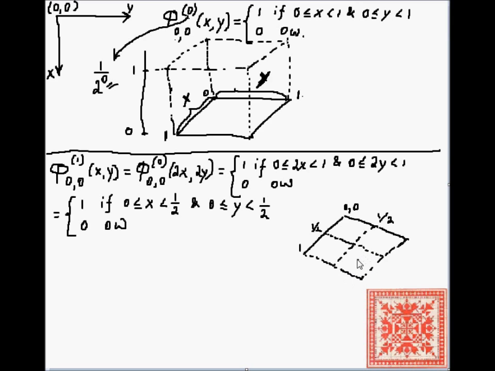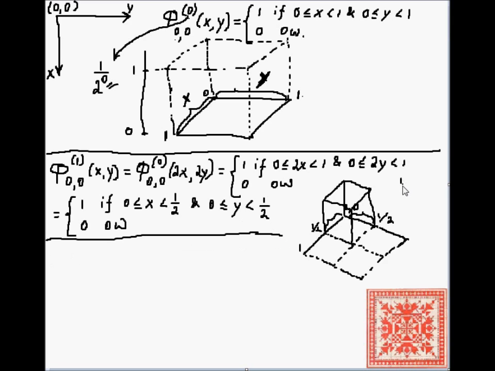This is our two-dimensional plane. Notice that the square is of size half and half, 1/2 and 1/2. So that's what the superscript means. And 0, 0 means that the top left corner of the square covered by this step function is at 0, 0. So we're going to have again this cube.